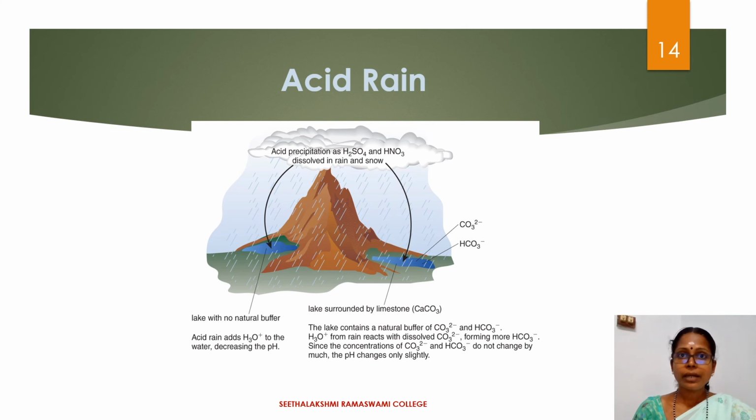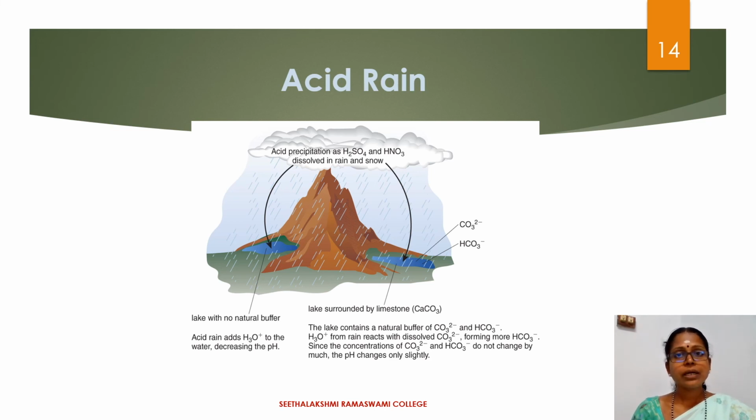Talking about our environment, acid rain is of prime importance. When the pH of the rain falls below 5.6, it is called acid rain.